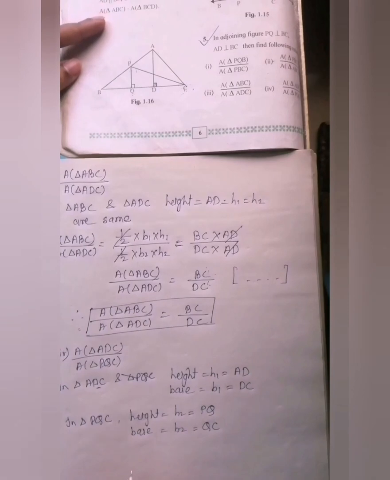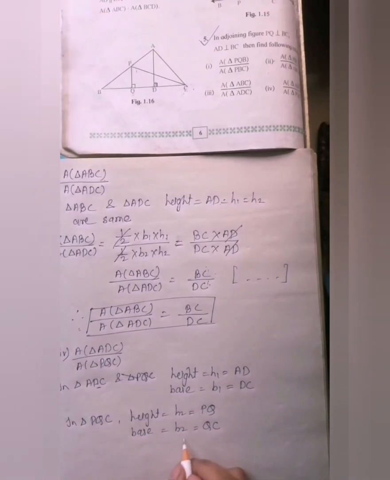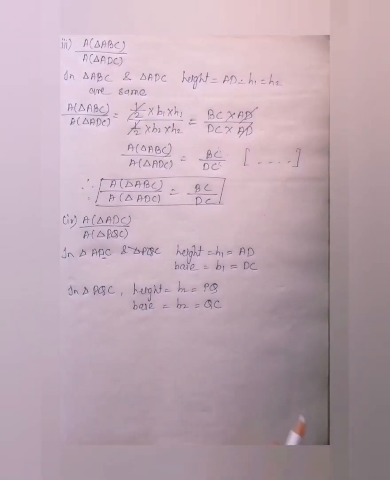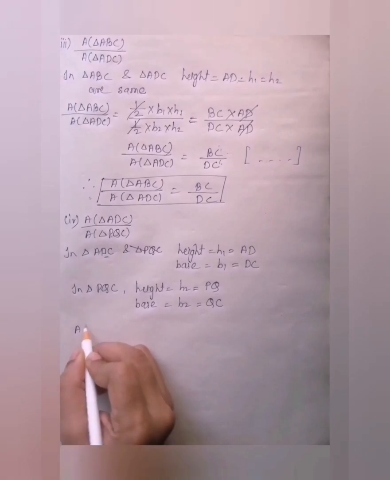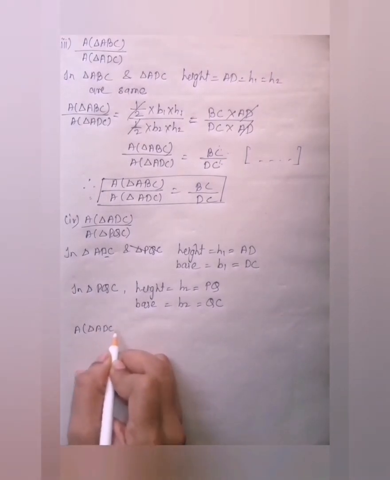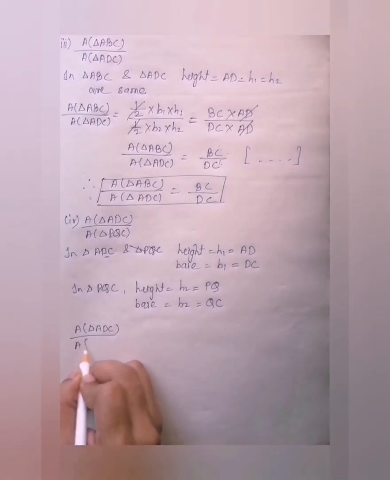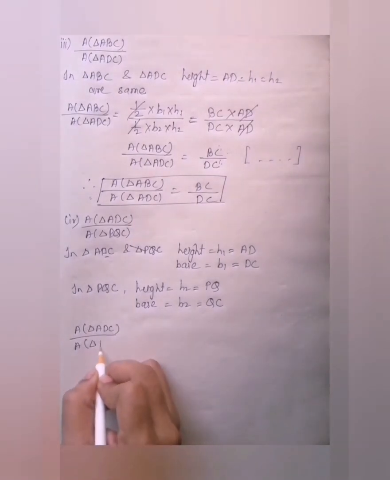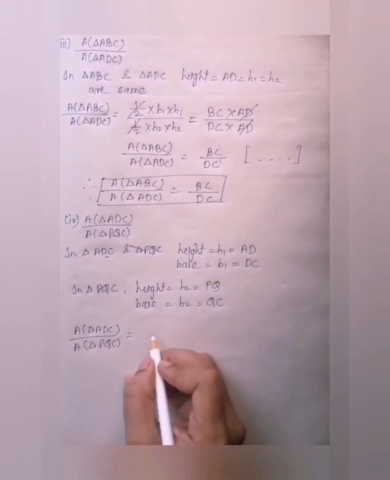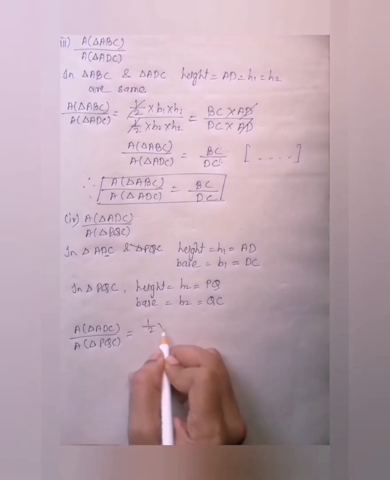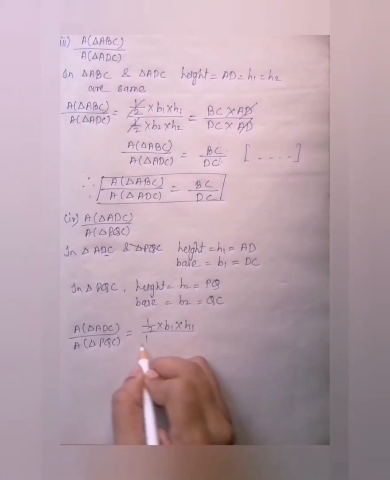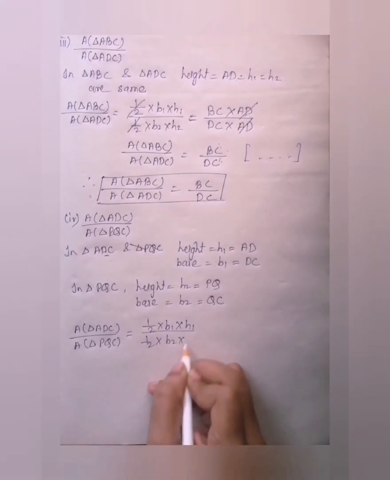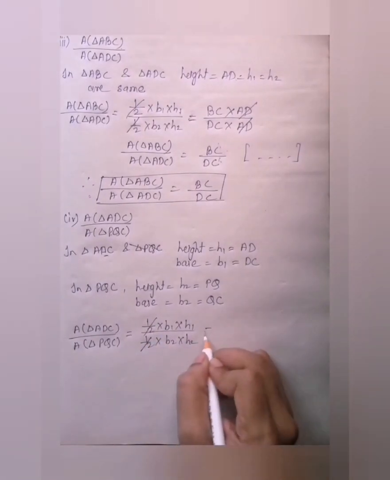So now substitute all values in ratio form. Students, write down all this in ratio form. Write down their areas. Area of triangle ADC, this is the first triangle, and the area of the second triangle PQC equals: half into B1 into H1, half into B2 into H2, half gets cancelled.